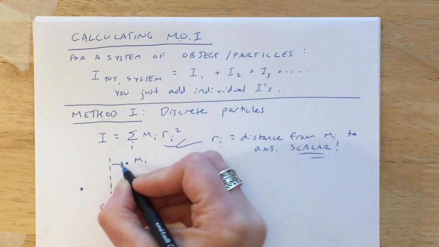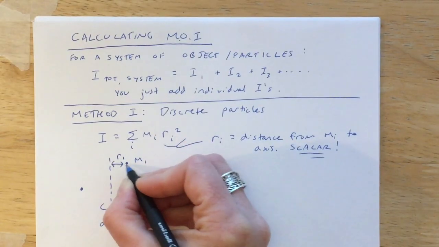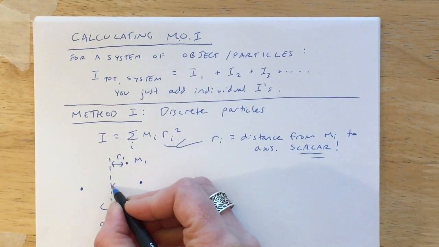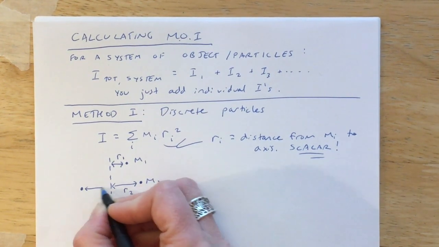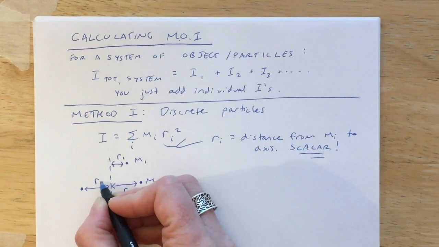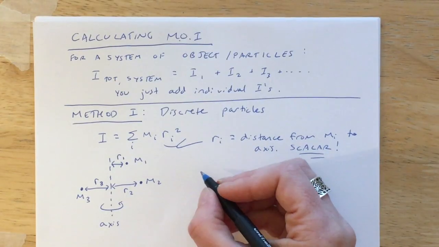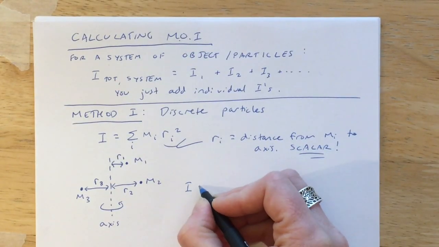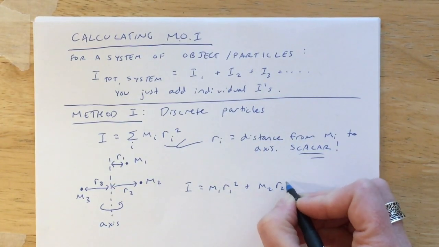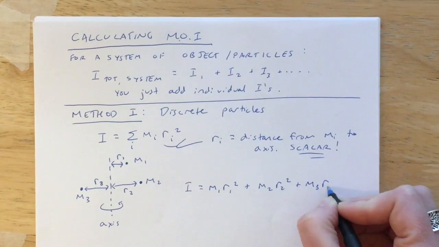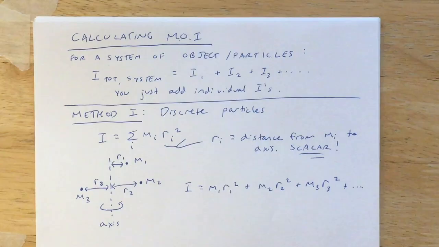Then in this case, R for that M1 would just be this distance, that shortest distance from the particle to the axis. And the same thing is here. For that's M2, that'd be R2, and then R3 for M3. So it's really just the distance from the mass to the axis. And so the I would then be equal to just M1 R1 squared plus M2 R2 squared plus M3 R3 squared. And if there were more particles, then you would add those accordingly.